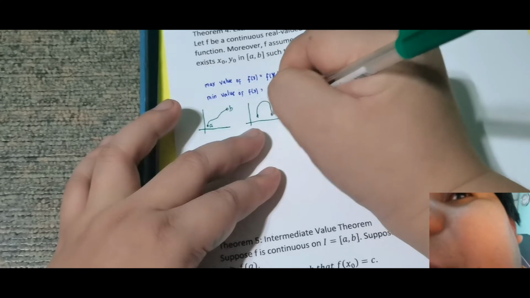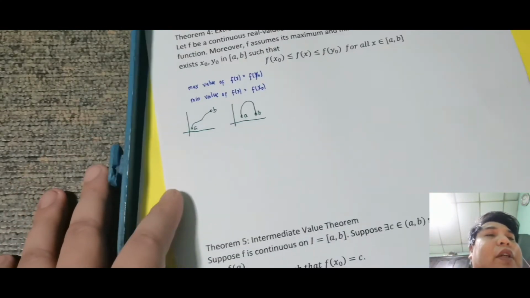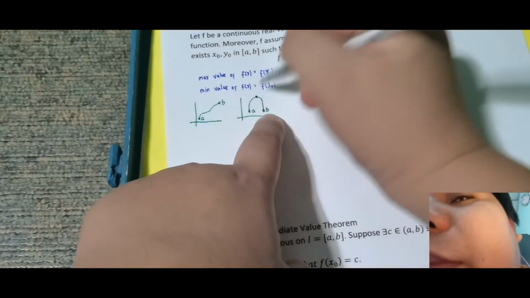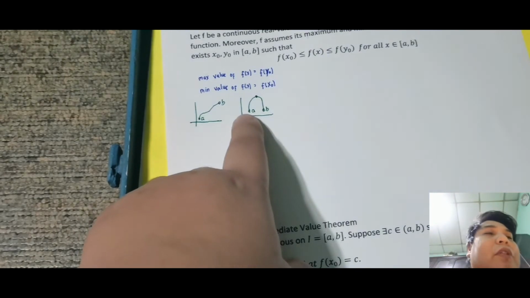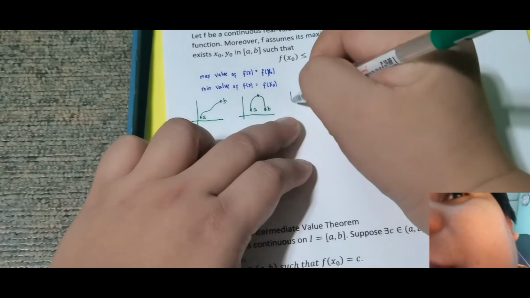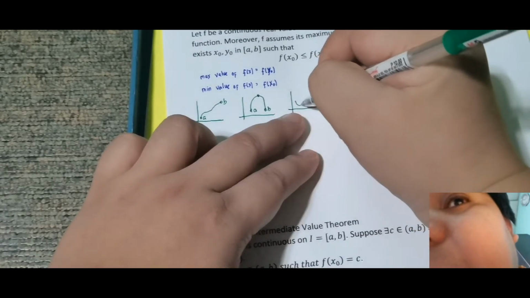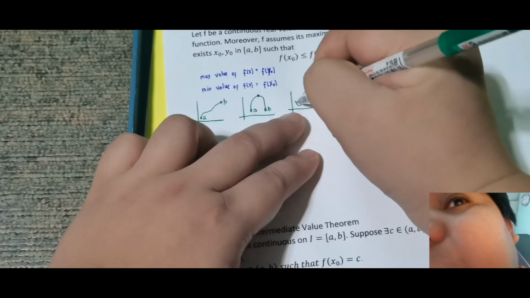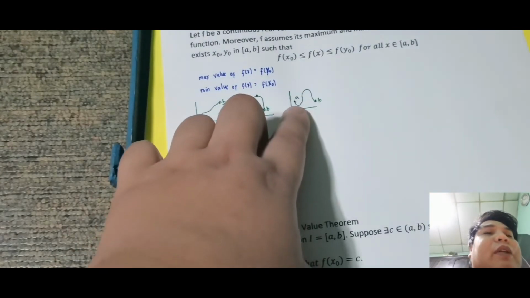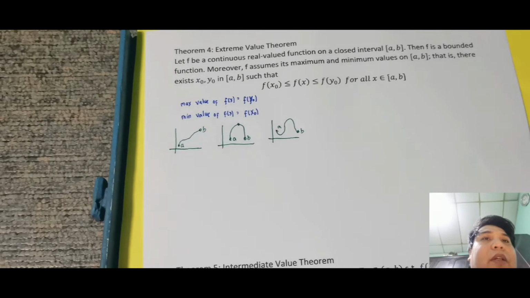This is not necessarily na yung maximum value niya is f of B. Somewhere nandito na yung maximum value niya, then obviously yung kanyang minimum value is f of A. Lastly, yung isa pang graph na pwedeng itsura dyan is ganito. Ito yung A, then ito yung B. Obviously, maximum value na doon, minimum value na dito. Yan yung sinasabi ng extreme value theorem.